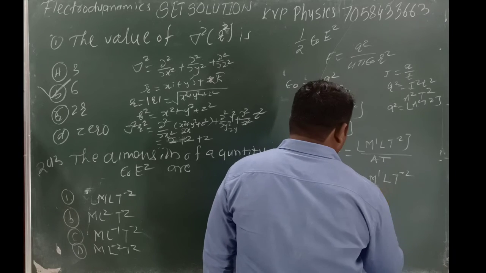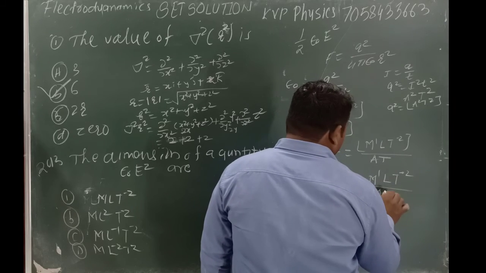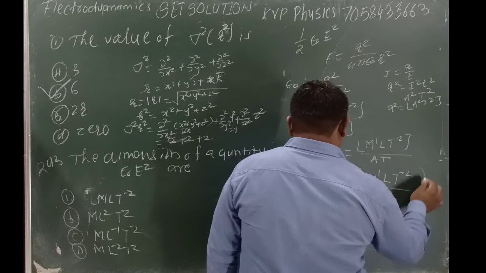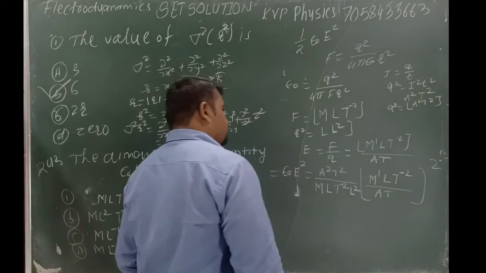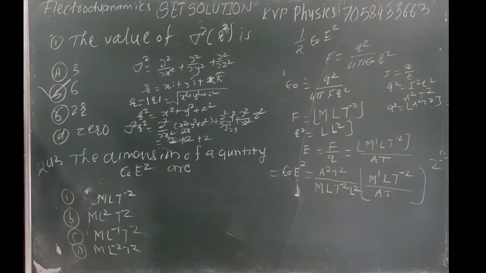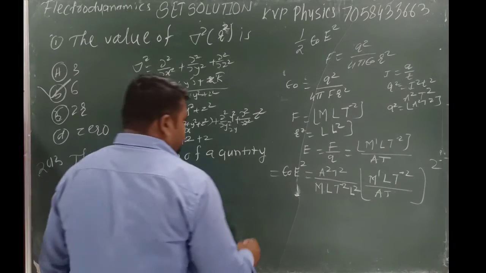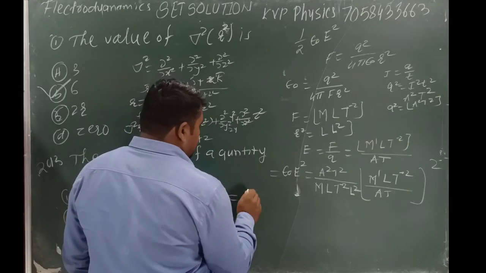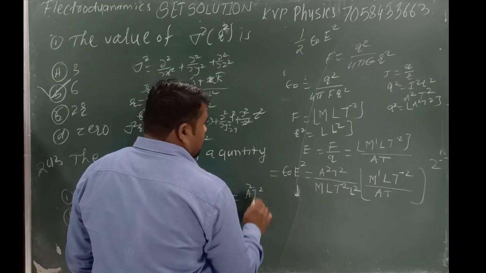Okay, the bracket is to the power 2. Then squaring this, we get dimension A square T square.